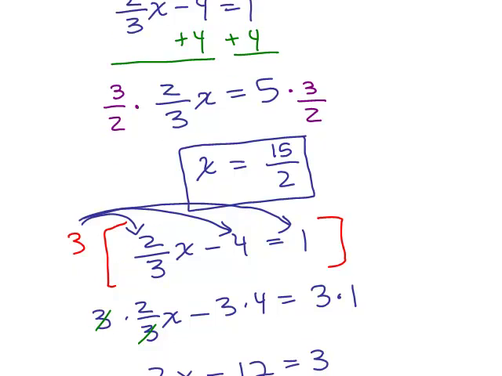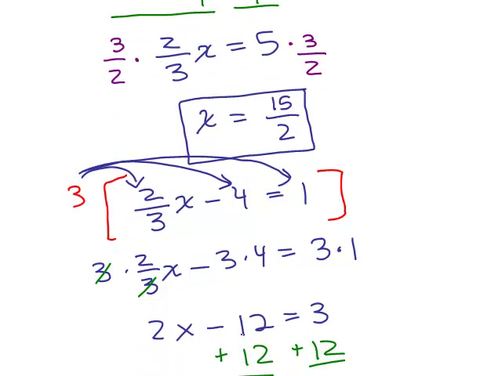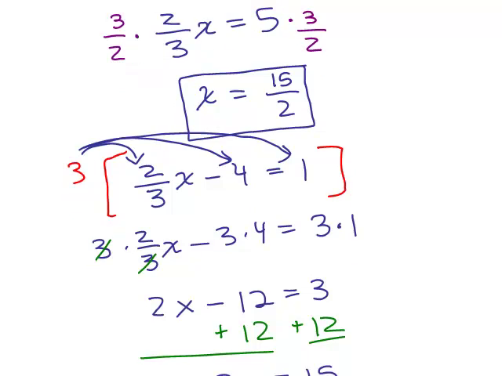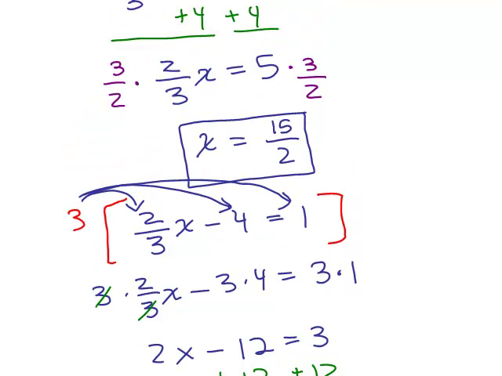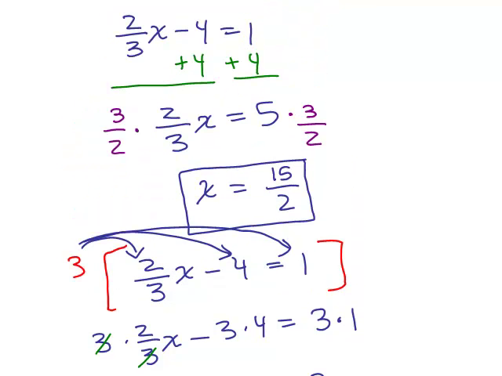And when you do that, you get an equation, 2x minus 12 equals 3. And then when we solve that, we got the variables on one side, constants on the other. So it depends on whether you want to eliminate the fractions first. And you'll find that if there's more than one fraction, it's almost always easier to multiply both sides of the equation by the least common denominator first.